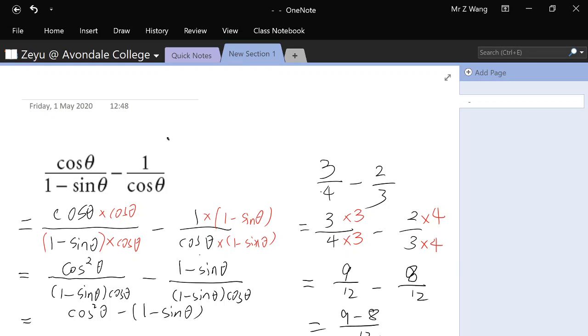You want to subtract the entire numerator, not just the 1. So if you ignore this bracket, you're going to mess up the result. Because 1 minus sine theta cosine theta, when you expand the bracket, you have to swap every sign inside.